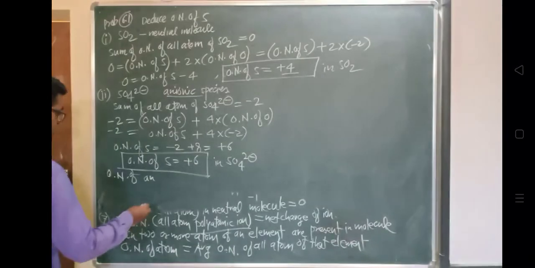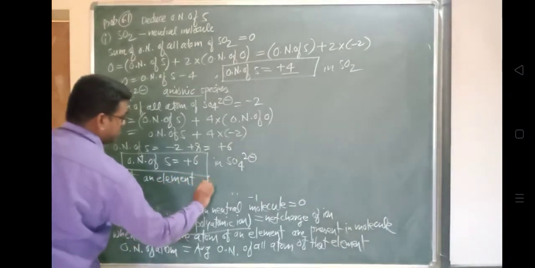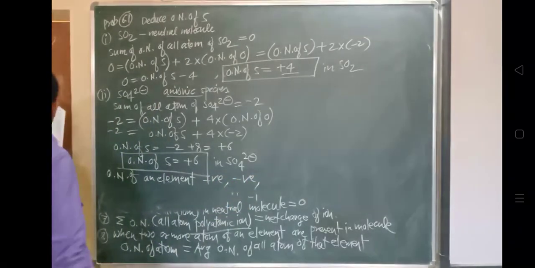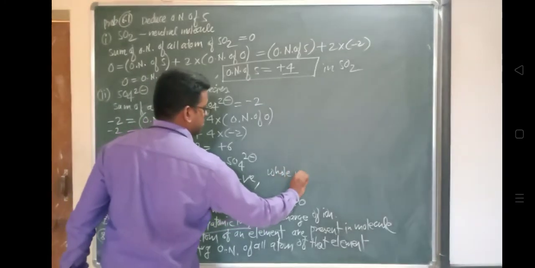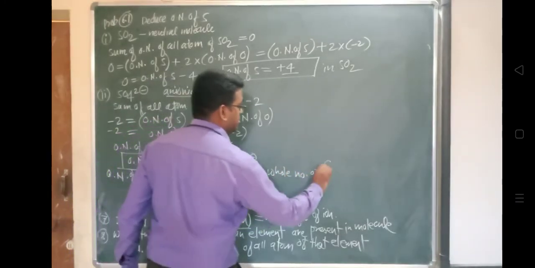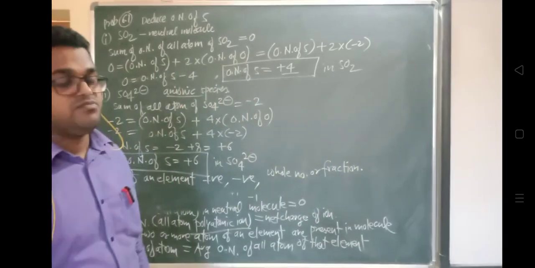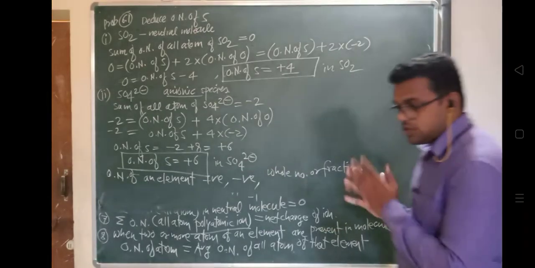It may be a whole number and it may be a fraction, like -1/2, which we saw for oxygen in superoxide. So this is all about the rules of the oxidation number.